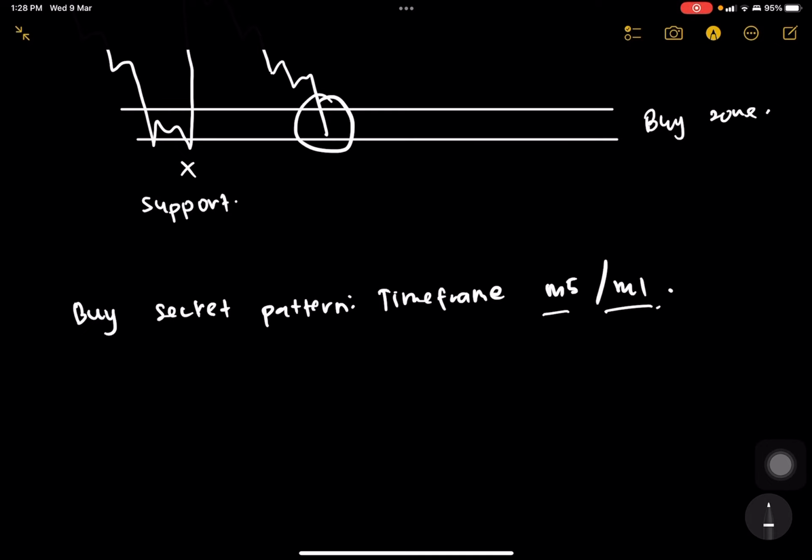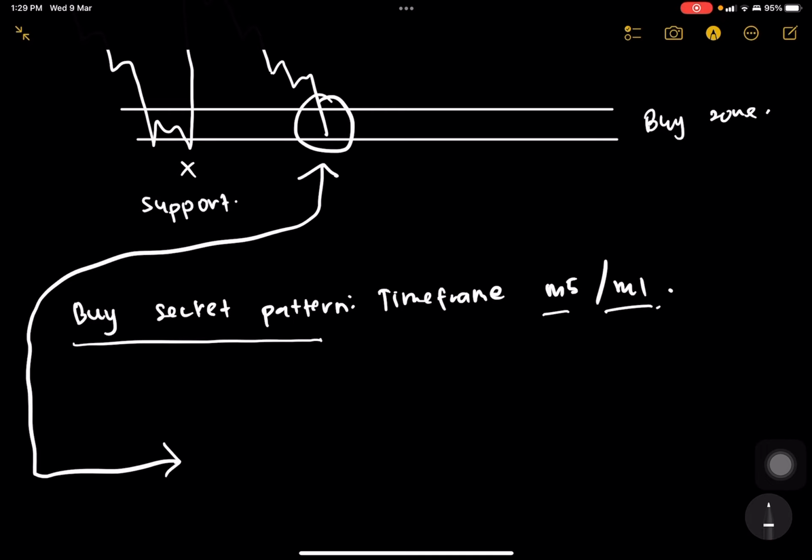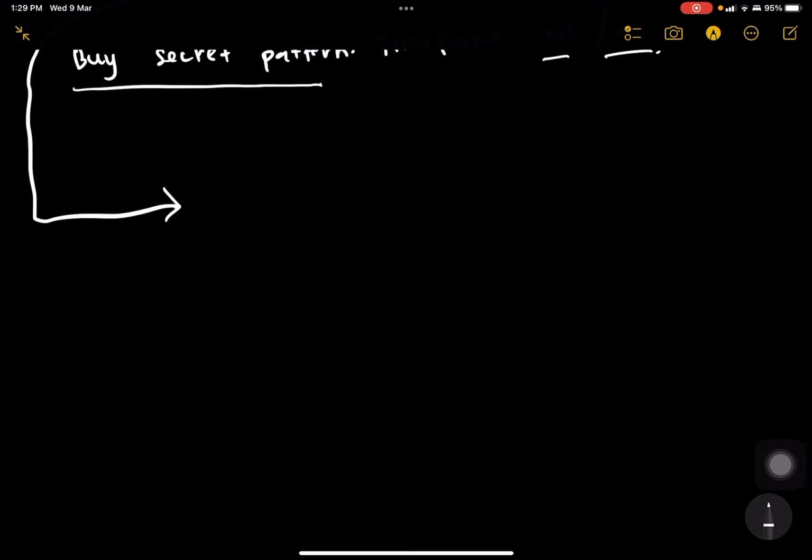So it's fast, and you can find the setup multiple times in one day. Okay, how does my buy secret pattern look like? You need to understand this so you can remember. You don't have to remember this, you just need to understand this, and it will automatically be remembered.